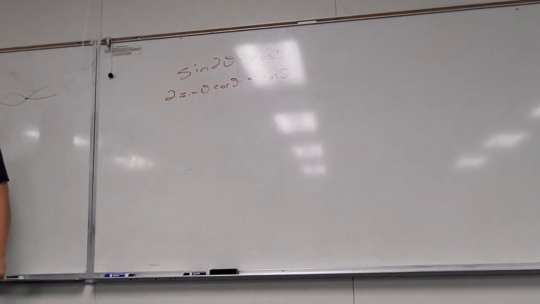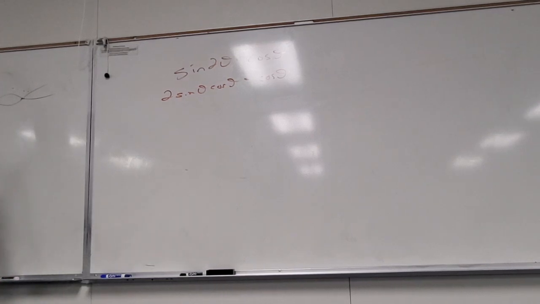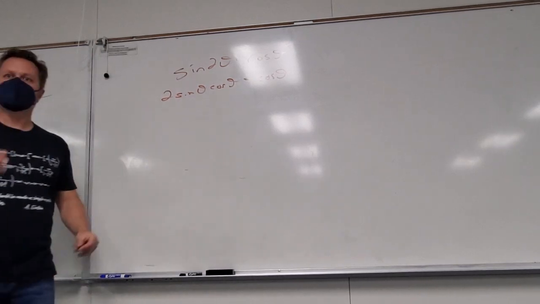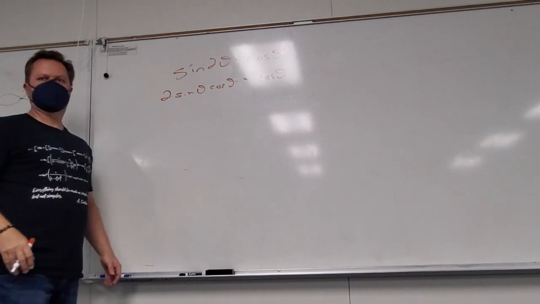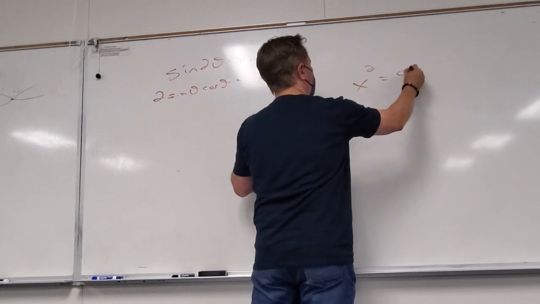A big mistake people make is they divide by cosine, which loses answers. You never divide by something that could be 0, because then you lose answers, right? So what do I do instead? How would you solve this equation: x squared equals 9x?